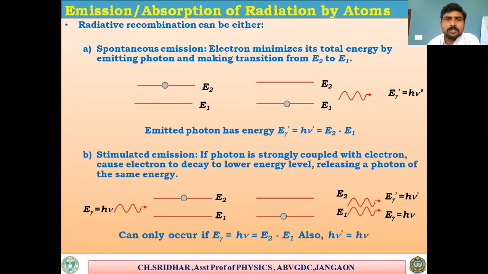In stimulated emission, we make the electron come to the lower energy state by emitting two radiations. So the types of emissions are spontaneous emission and stimulated emission.